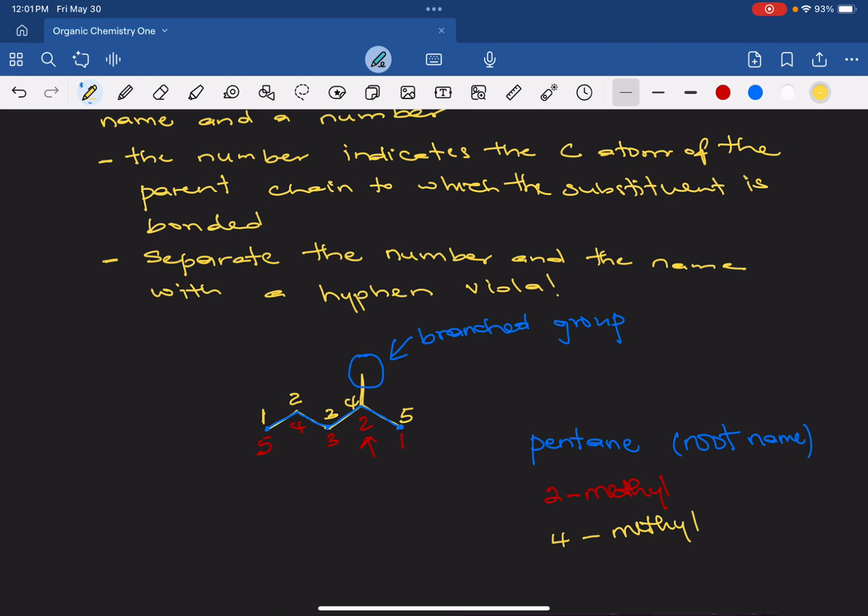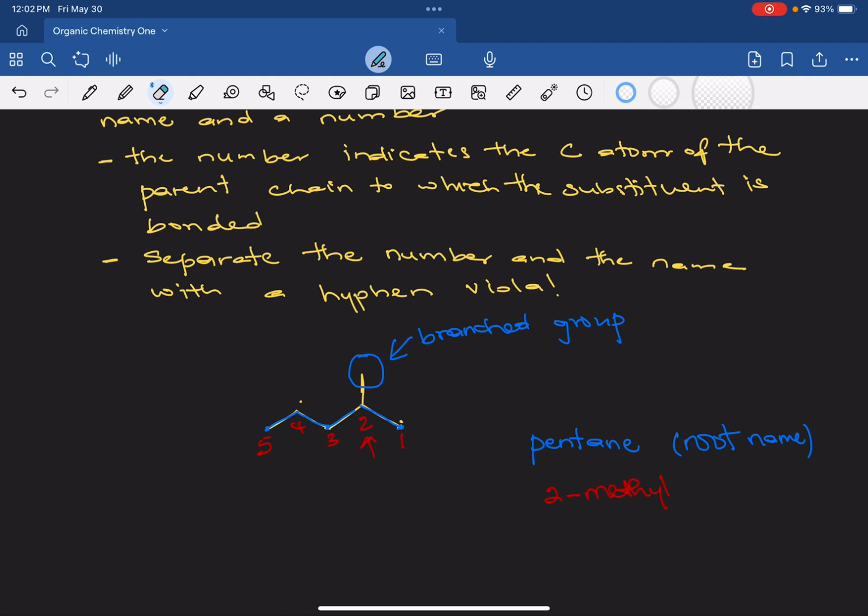So we are not numbering using yellow, because yellow gives us the substituent on 4. We can kiss yellow goodbye, and we are numbering using red.